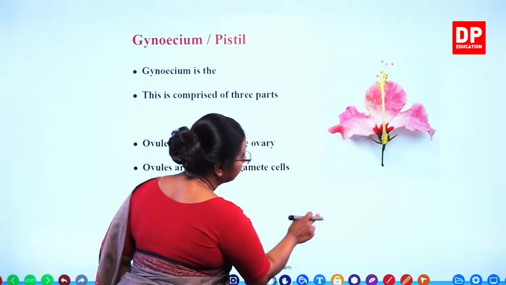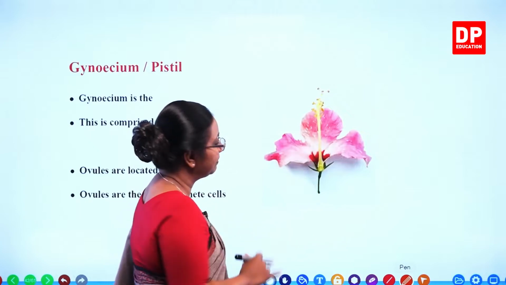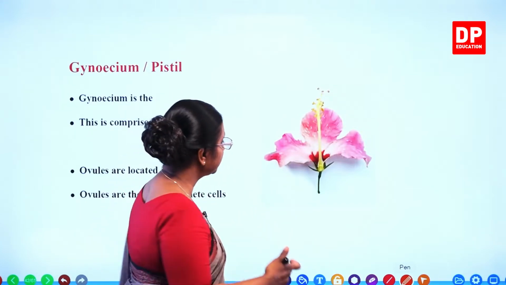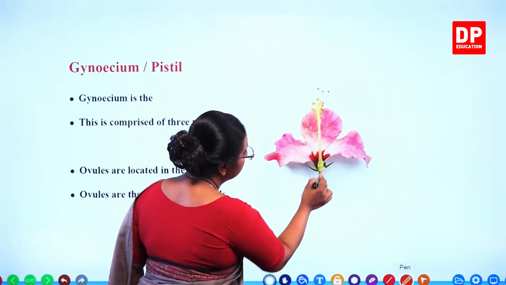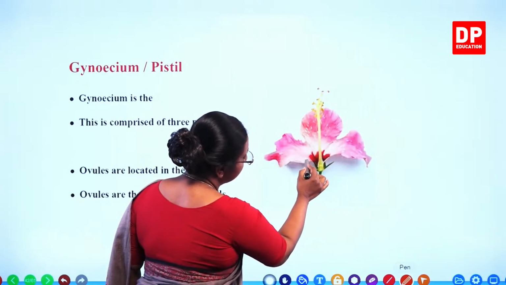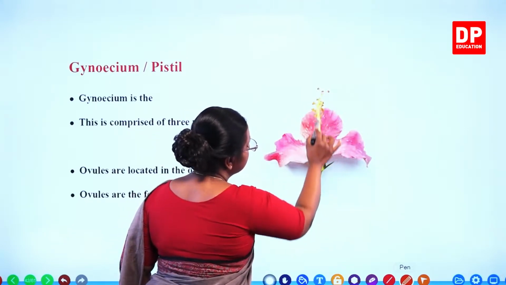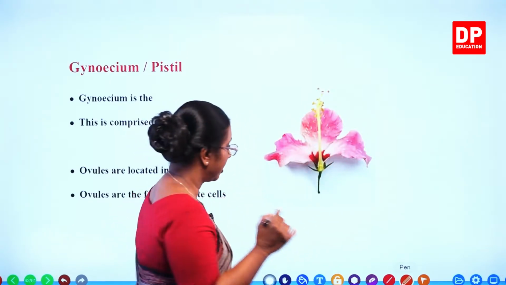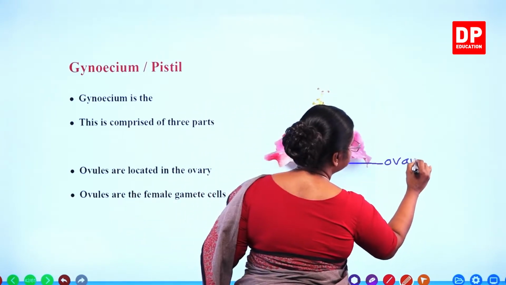Now if we look at the structure, here you can see a shoe flower. This is similar to the longitudinal section. You can see the stalk here, then the receptacle, then the sepals. Then we have the petals or the corolla. Here you can see the female reproductive structure. This is the ovary.